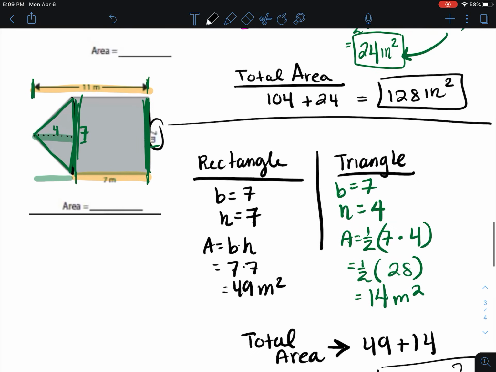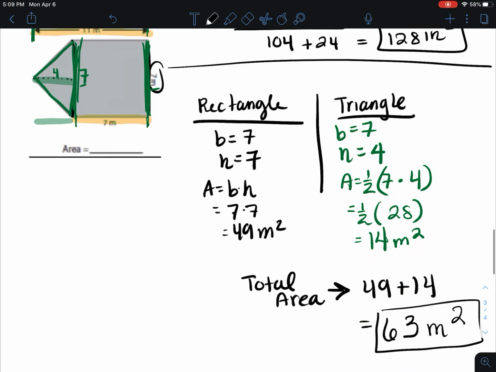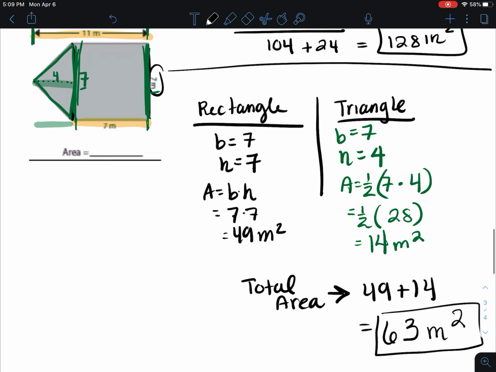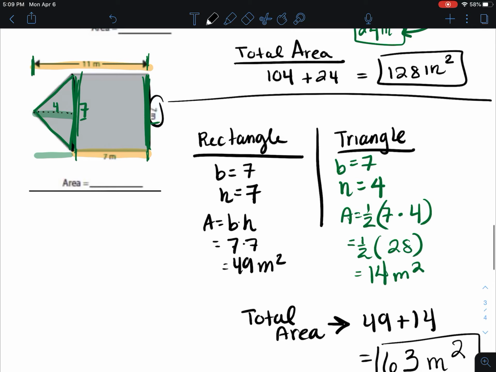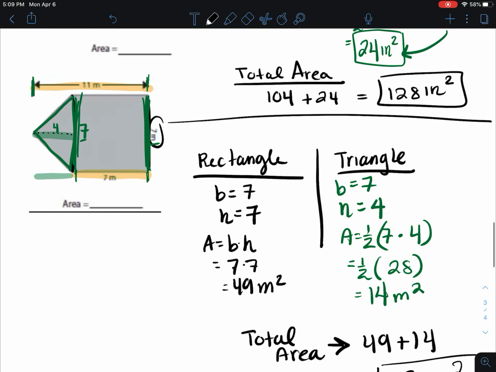So it only seems a little bit confusing at first, but remember that this is really just about taking it step by step. I always start off with the rectangle, and then I solve for the triangle. Start off with the easy one first. Make your life a little bit easier.